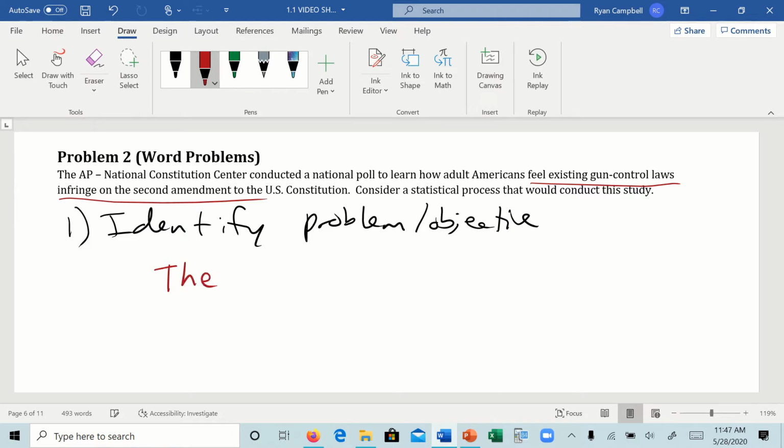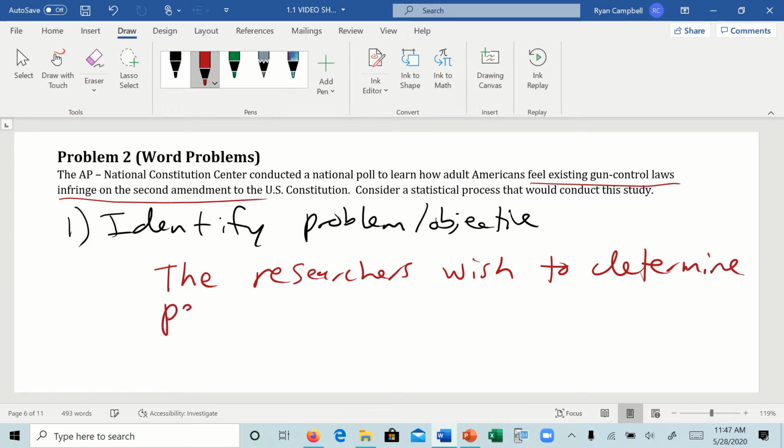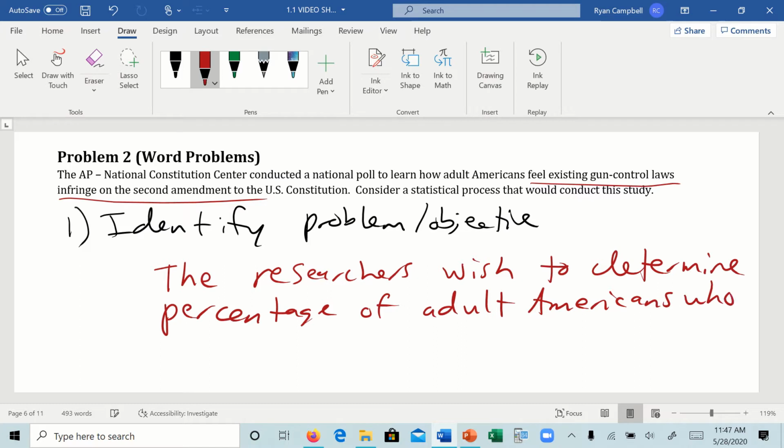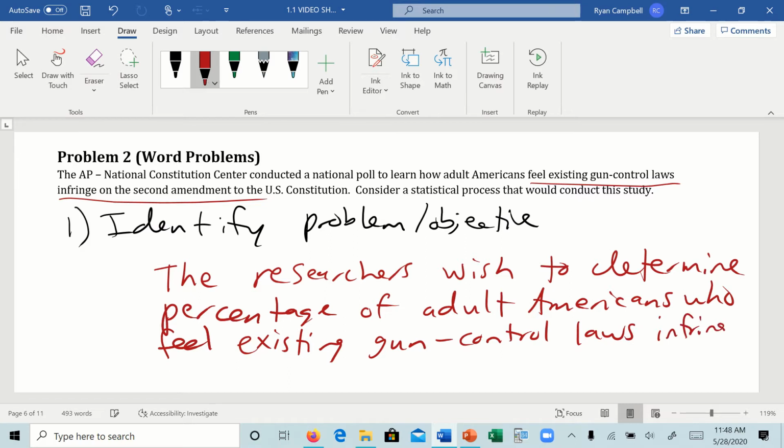So, we could say the researchers wish to determine the percentage of adult Americans who feel existing gun control laws infringe on Second Amendment. All right.